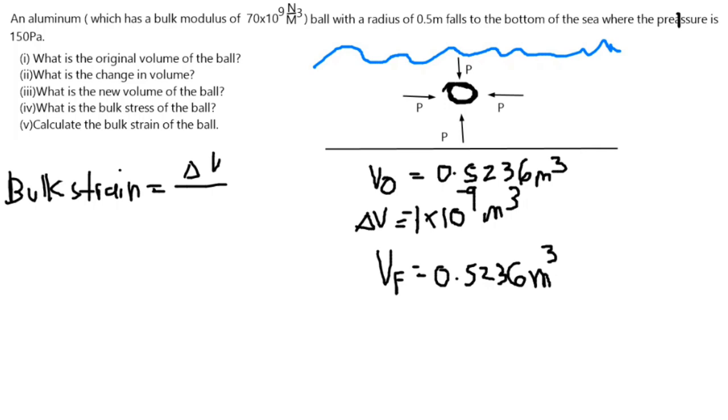We just change in volume over the initial volume and negative yung stress. So substitute lang natin lahat ng value. Negative times negative, maging positive. So, hindi ko na ilalagay dyan. And then, 0.5236 lang siya. And then, what we're going to do is just divide this thing. And makakalculate na natin yung bulk strain.